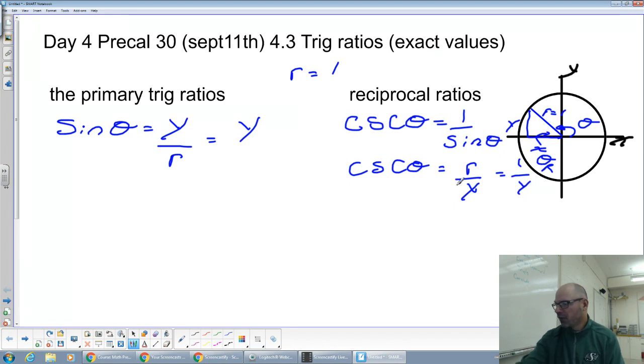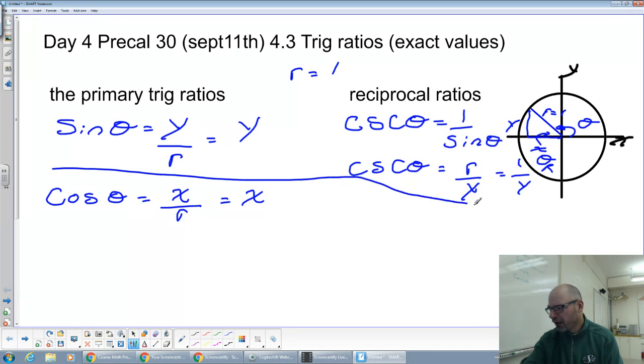Okay, and this is a unit circle, and this is in general, because it can be any other circle as well. So cosine theta is equal to x over r. And if r is 1 in the unit circle, that's just x. So the reciprocal identity for cosine is secant. Secant theta is equal to r over x.